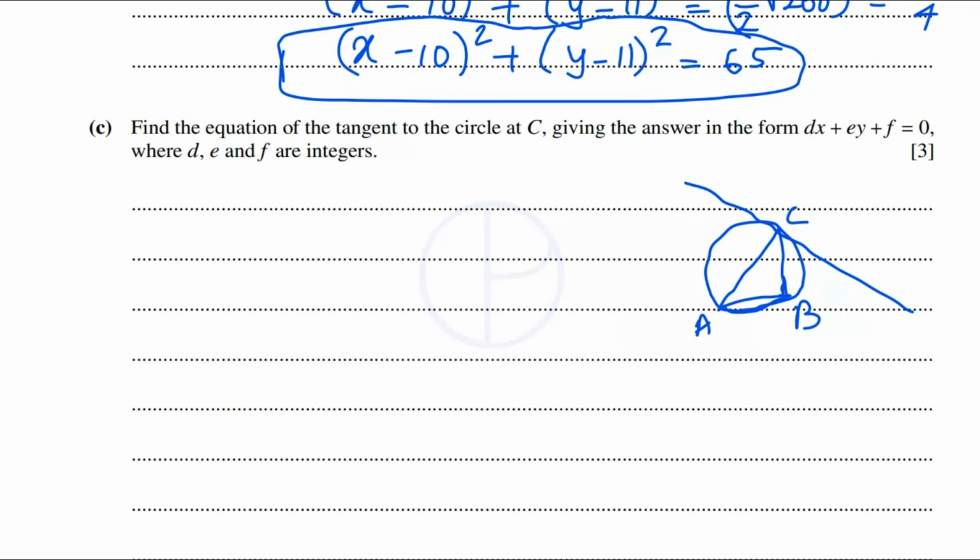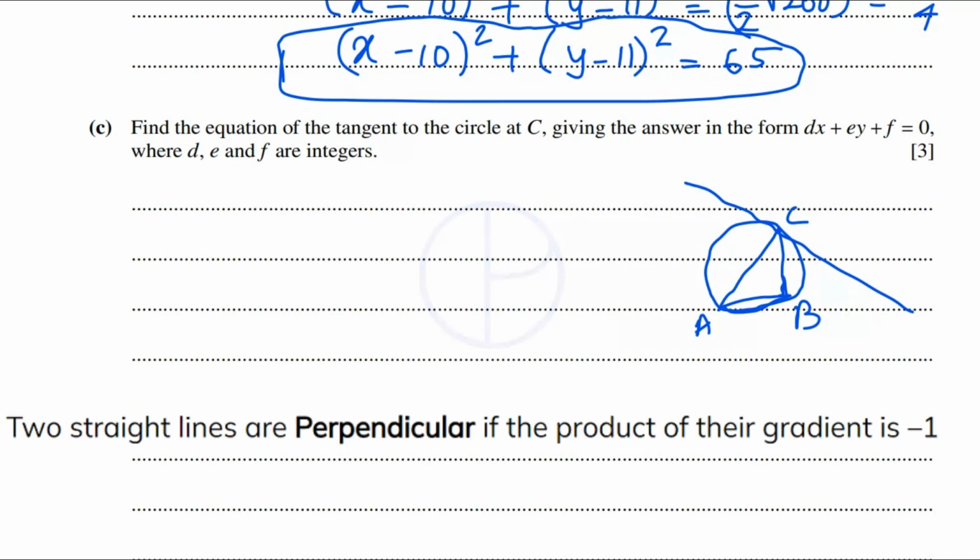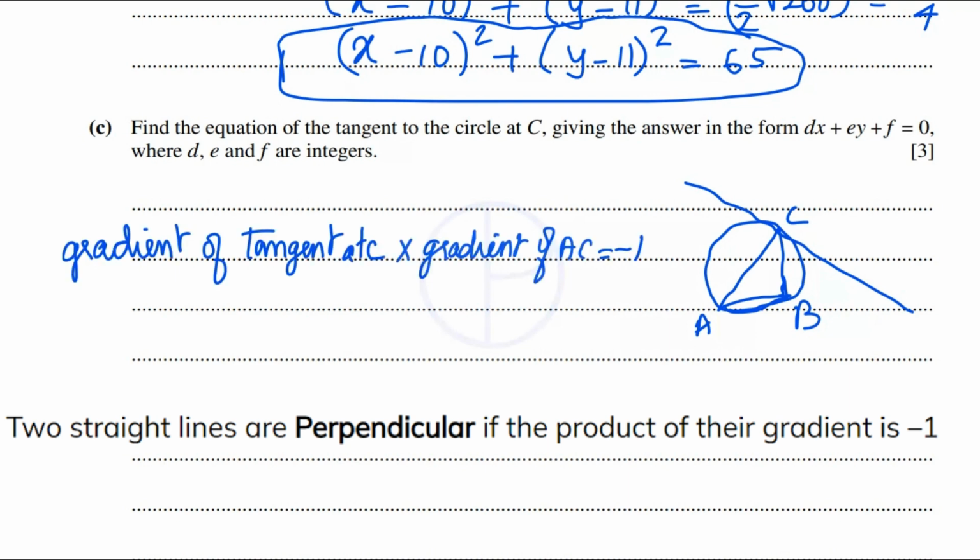So the gradient of the tangent and the gradient of this AC, the radius, multiply to give -1. To find the gradient of the tangent, let's use the gradient of the line AC. So gradient of tangent at C multiplied by gradient of AC gives -1.